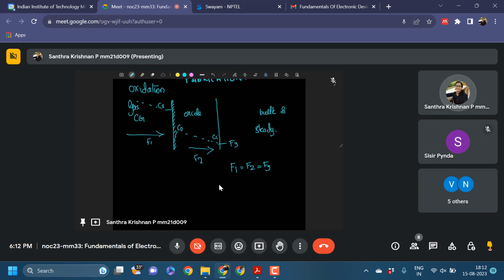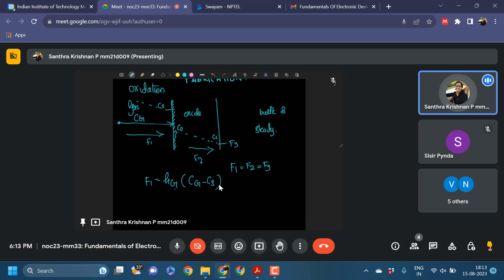So first is F1. That is the transport of oxidizing species from the gaseous phase to the surface of the oxide layer. This can be given in terms of a simple mass transport equation. It is given by Hg into (Cg minus Cs), where Cg is the concentration in the gaseous phase and Cs is the concentration at the surface.